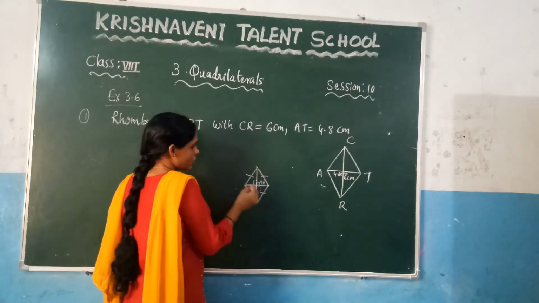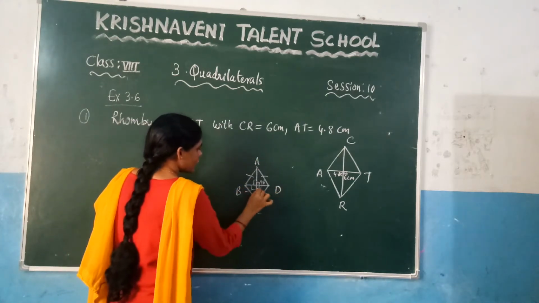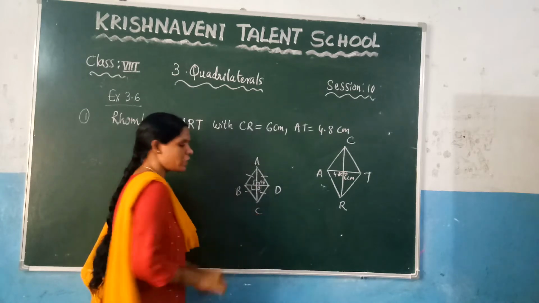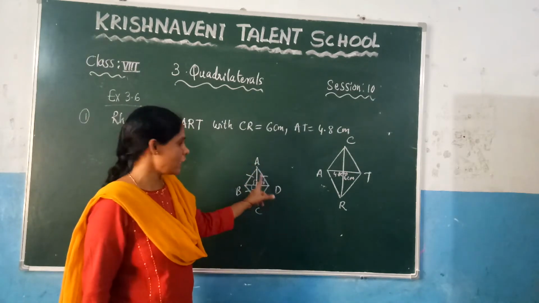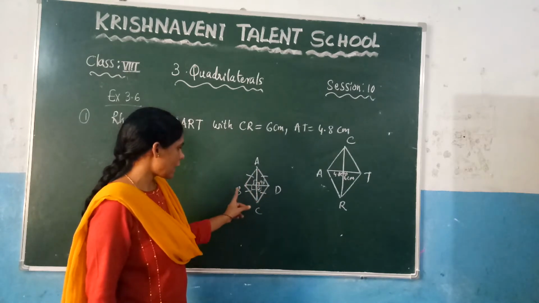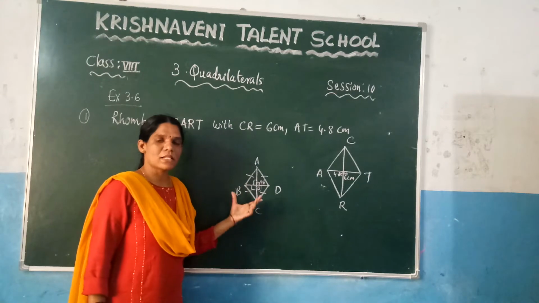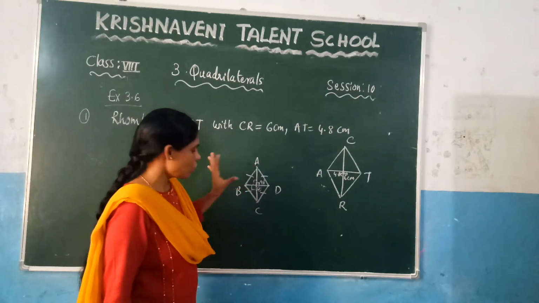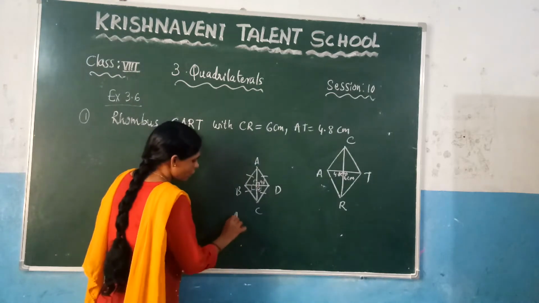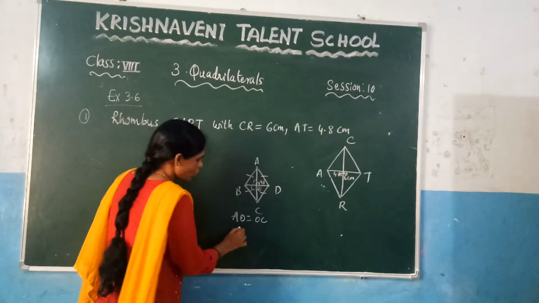Let us consider the vertices A, B, C, D. These diagonals intersect at a point O. You know that angle AOD is 90, angle AOB is 90, angle BOC is 90, angle DOC is 90. That means all angles are equal to 90 degrees. And similarly, AO is equal to OC and OB is equal to OD.